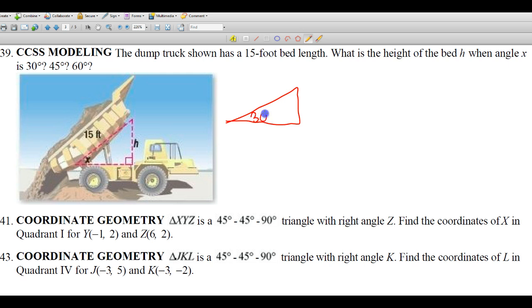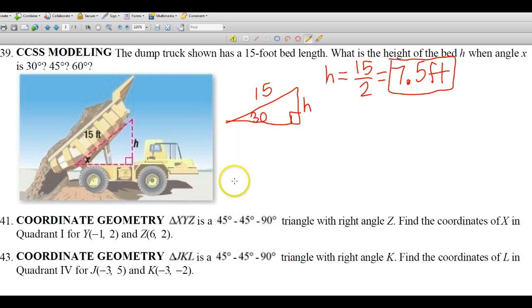So if it's 30, then we would have a 30, 60, 90, and h is the short leg, and 15 is the hypotenuse. So to find the short leg, we take half of the hypotenuse, so that would be 7.5. So that's our first answer.